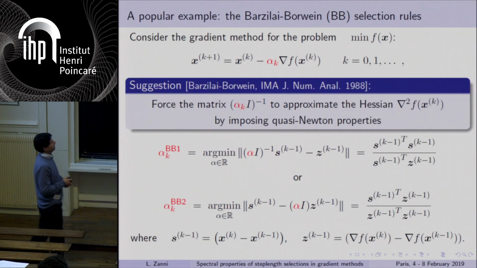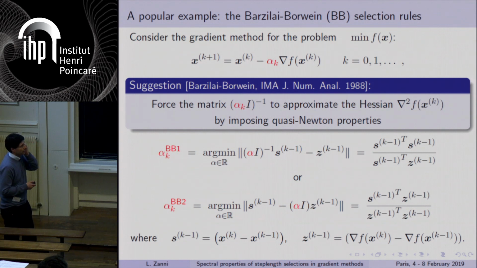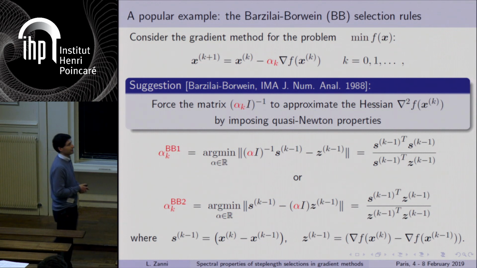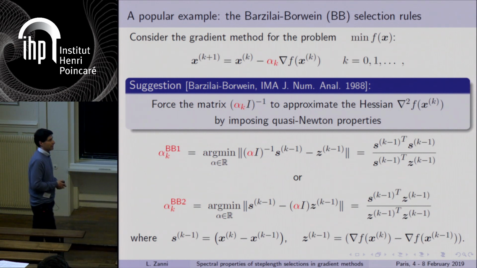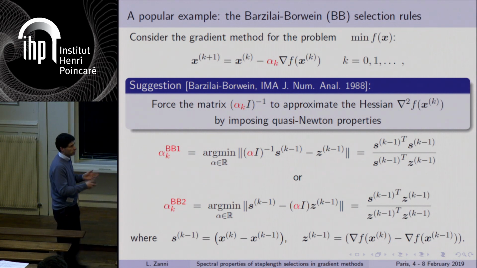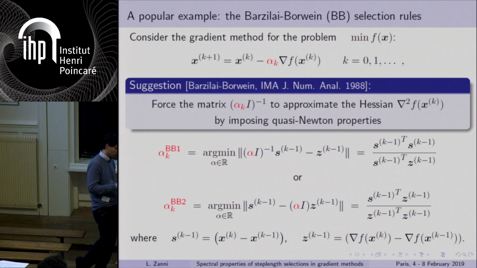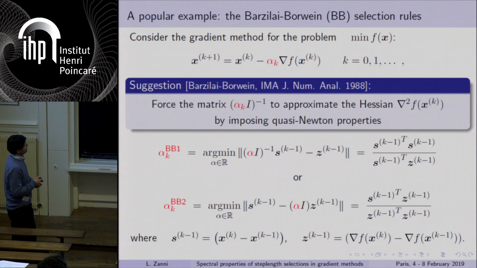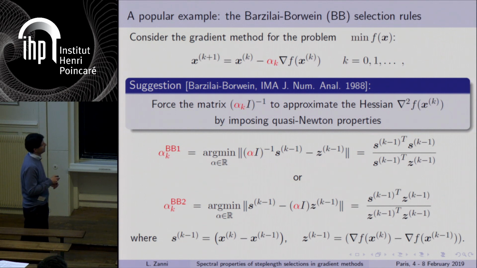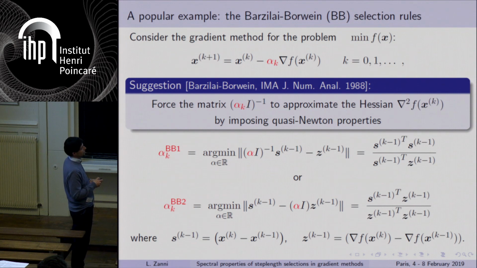A good example of this way of defining step-length rules is provided by the Barzilai-Borwein rules and also by improved Barzilai-Borwein rules. In fact, the Barzilai-Borwein rules are defined by imposing on the step-length parameter a quasi-Newton property, also known as the secant condition.